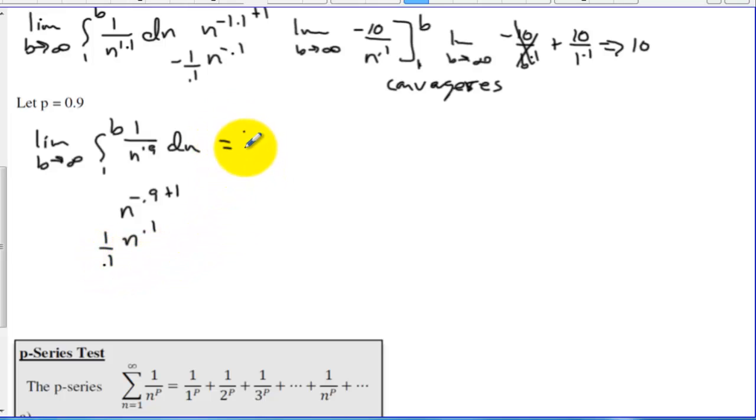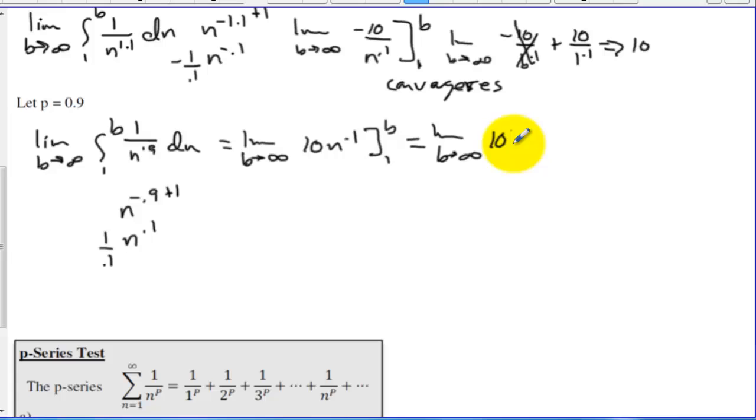So this becomes the limit as b approaches infinity, and this is the integral right there. We have 10 n to the 0.1, and we're evaluating from 1 to b. That's the limit as b approaches infinity of 10 times b to the 0.1 minus 10 times 1 to the 0.1. And then when we plug infinity in here, that's shooting off to infinity. This one is infinity, and it diverges.